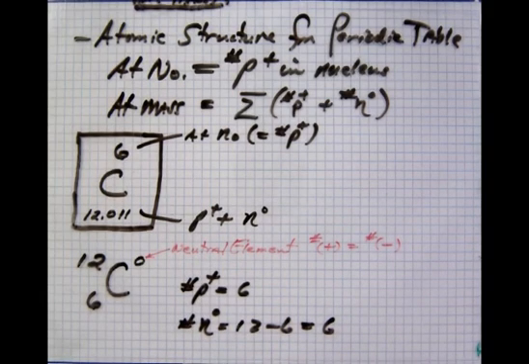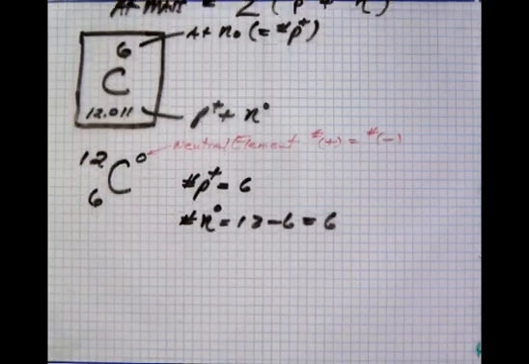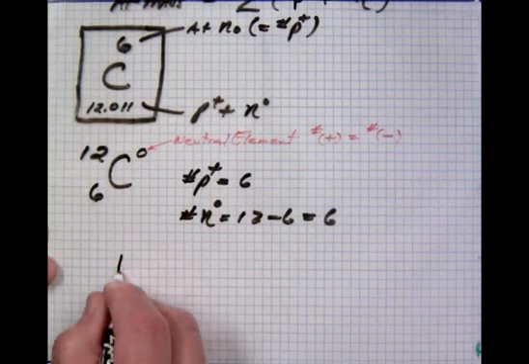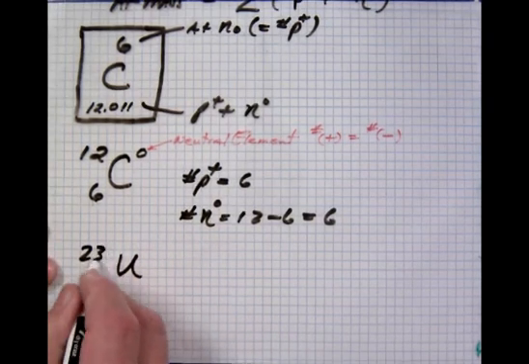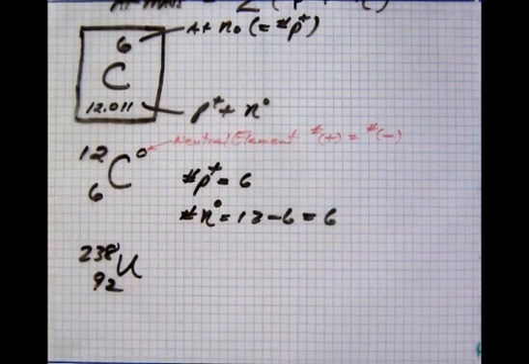Now, you don't always have a match between the neutrons and the protons. If we went to something a little bit larger, uranium-238 and 92, for example.